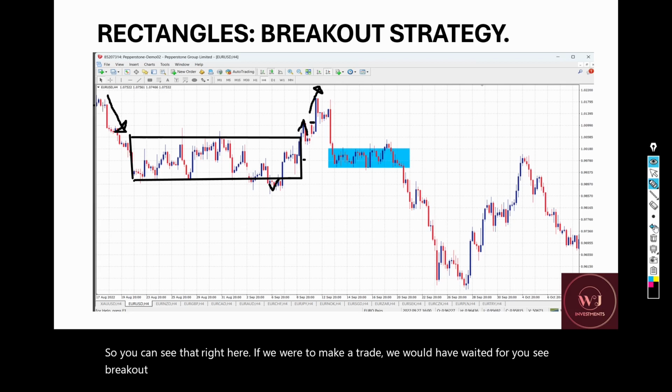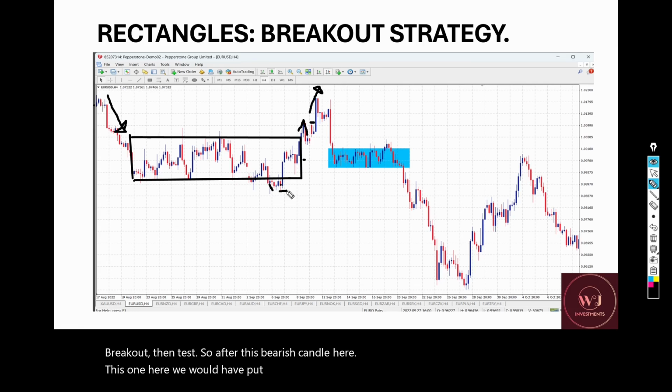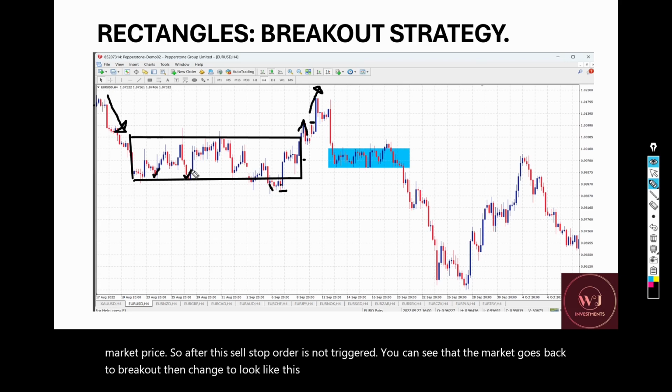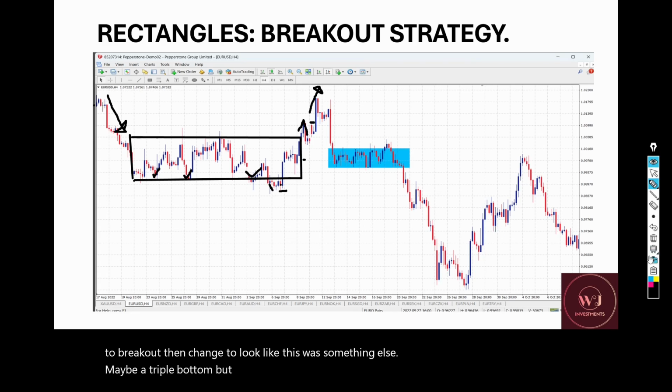So after this bearish candle here, we would have put our sell stop order. You don't enter the market at the current market price. After this sell stop order is not triggered, you can see that the market goes back and changes to look like something else. Maybe a triple bottom, but it doesn't look to be a triple bottom either.